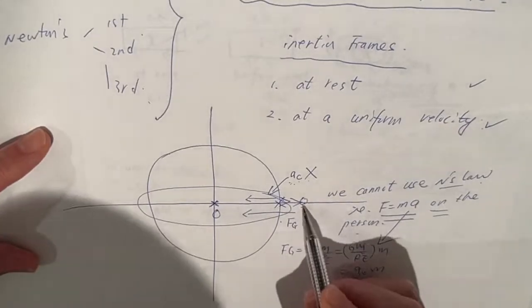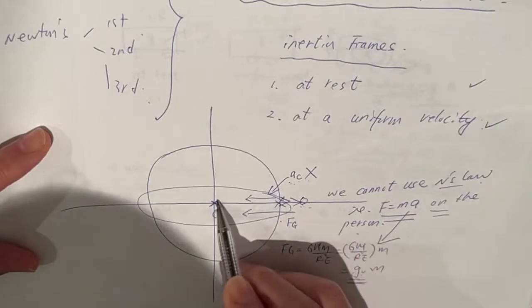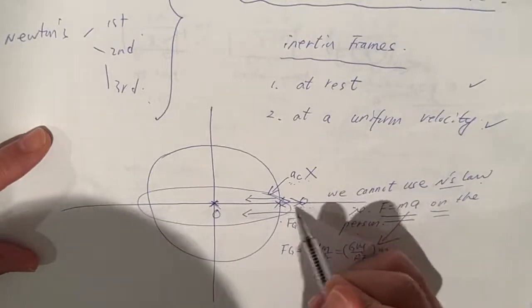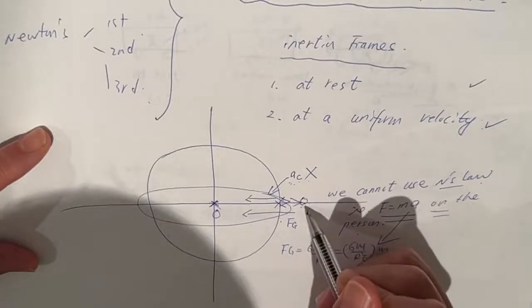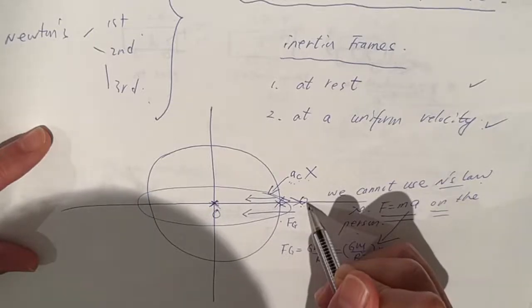Now notice, this person has a centripetal acceleration towards the center of the Earth. I repeat, the frame of reference referred to this person is not an inertial frame. So we cannot use Newton's second law.